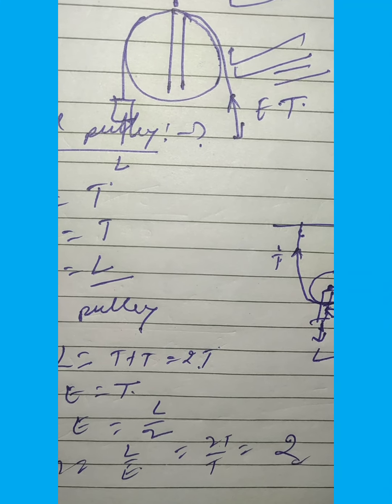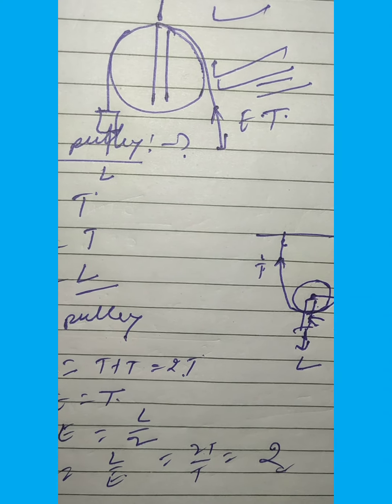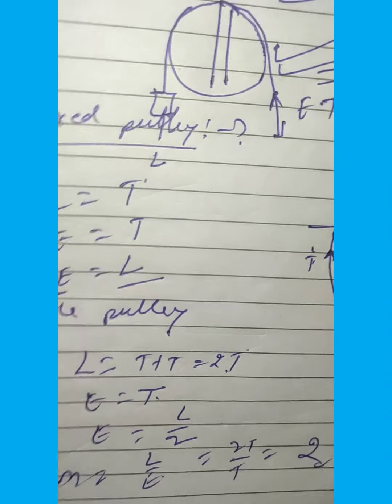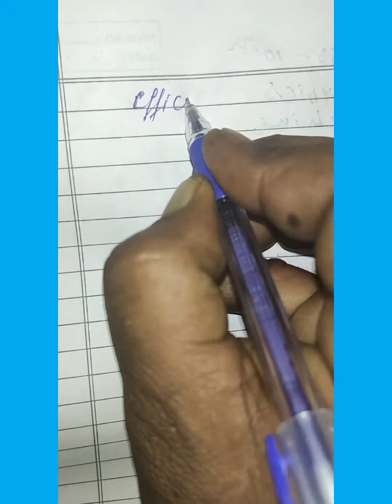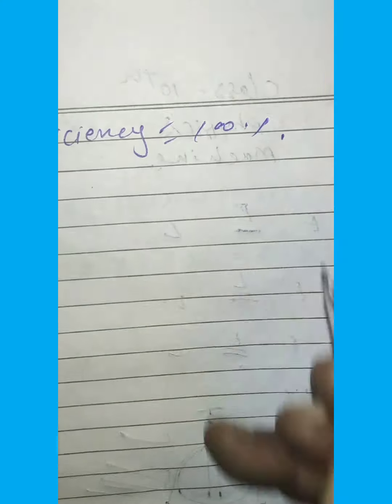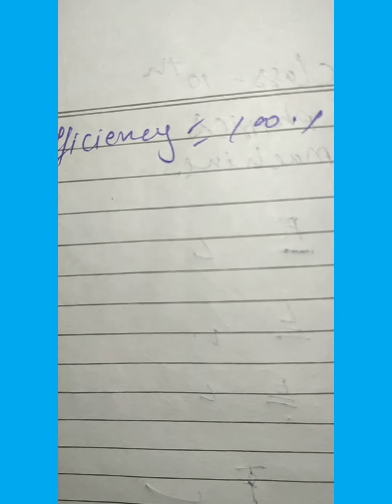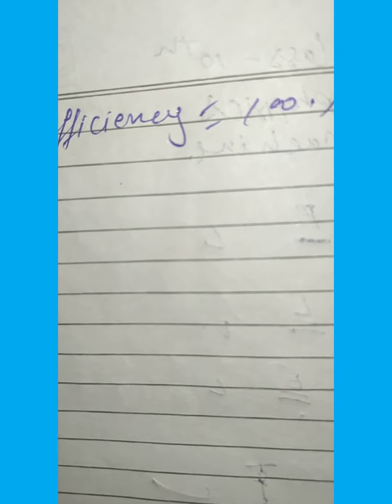The reason is that the segments of string on both sides of the pulley move up by a distance d/2. So the efficiency of such a pulley is also 100%. But for an actual machine it is not possible, as I already told you, because there is some friction.